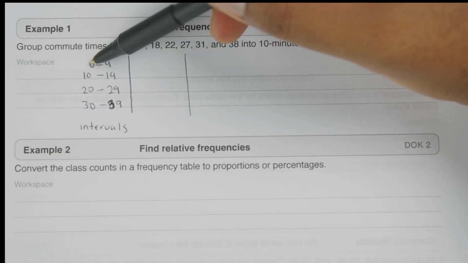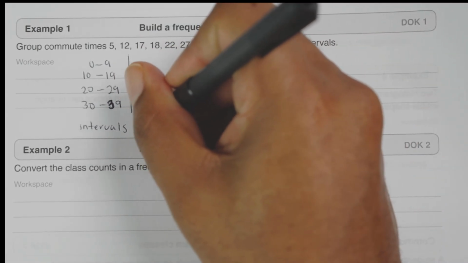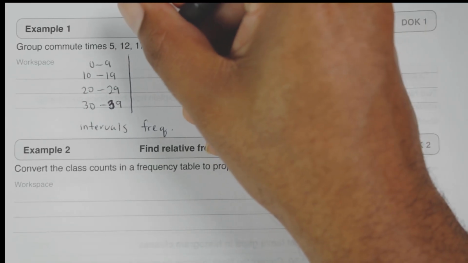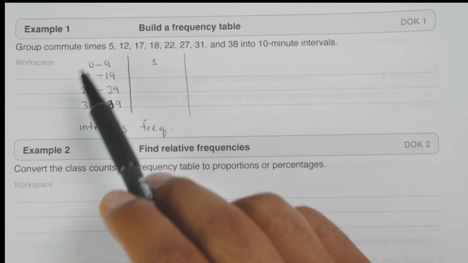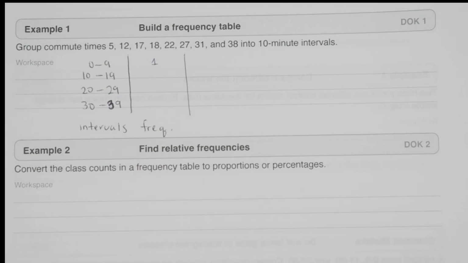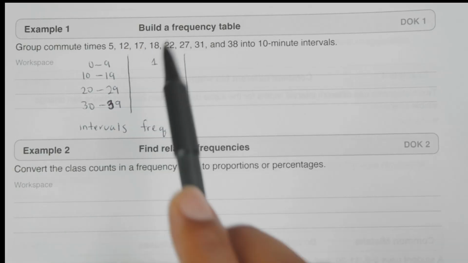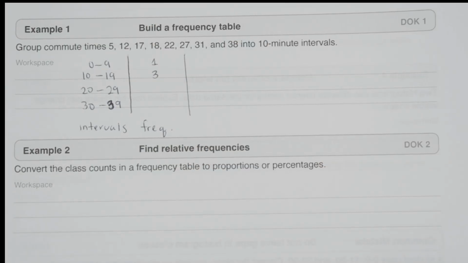Between this window we have 5, so the frequency of this particular one would just be 1. We just have that 5 within that window. In the next interval, 10 to 19, we have 12, 17, and 18. So that gives us a frequency of 3.